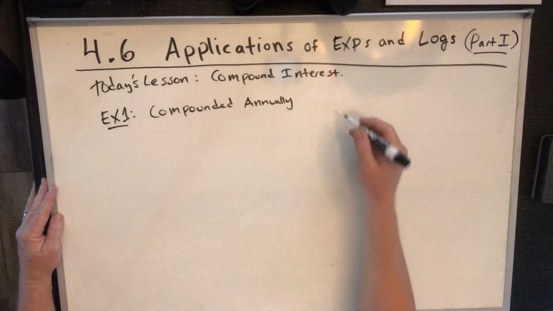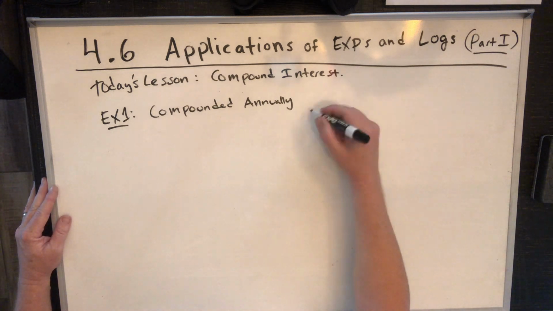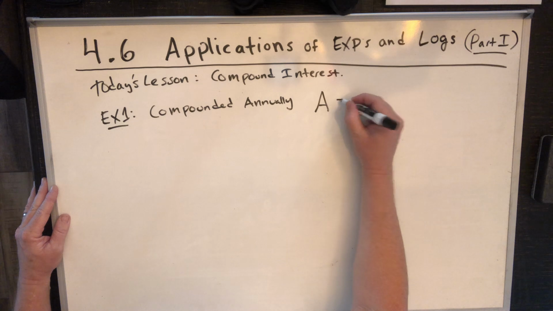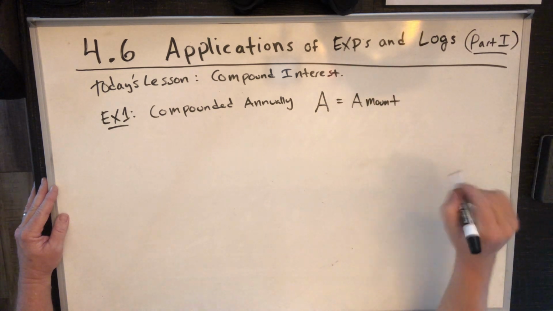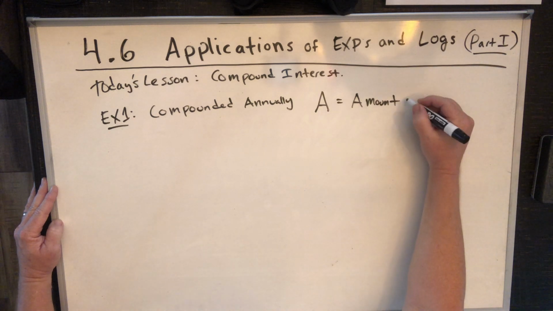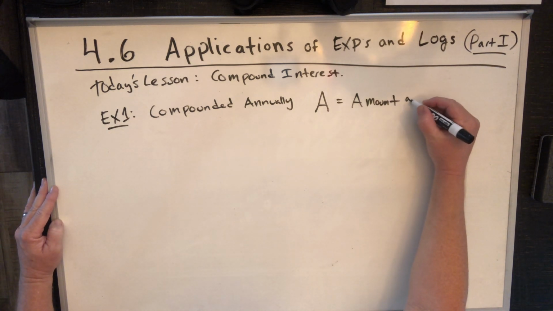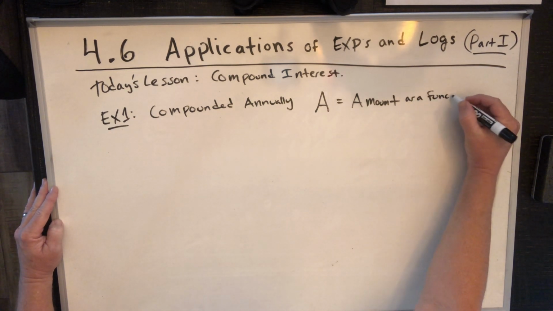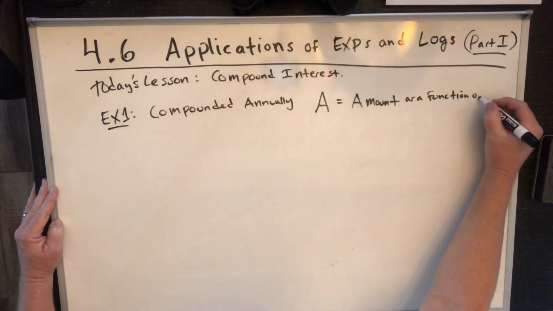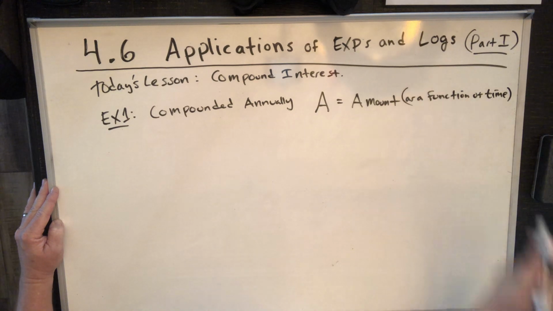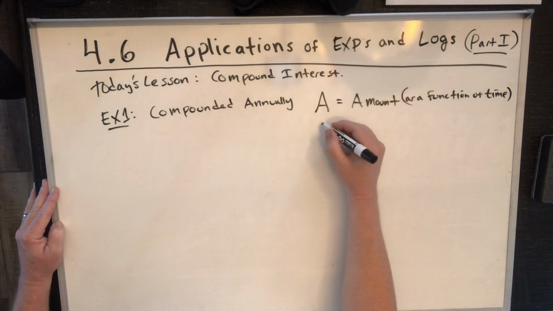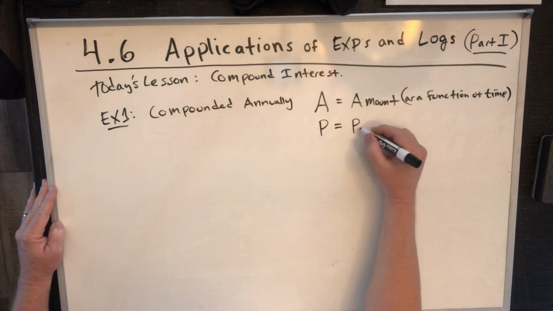So, compounded annually, the formula would be the amount. So A is the amount. That would be the amount after some period of time as a function of time. P is the principal.